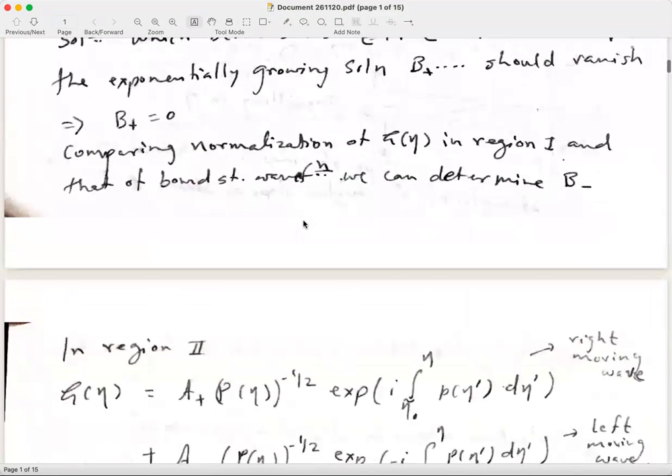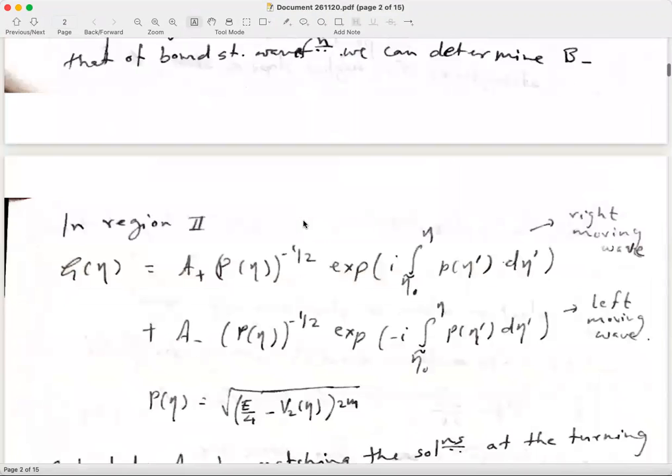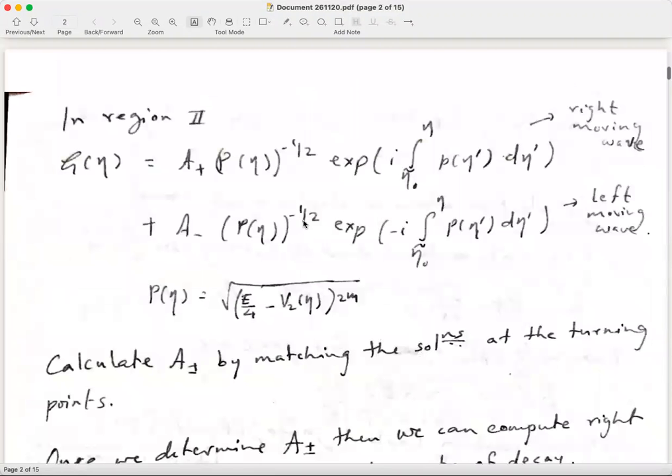Let's get to region two now. In region two, as we know, it's a classically allowed region and the particle is free to escape all the way to infinity. Therefore, you expect the solution to be oscillatory.